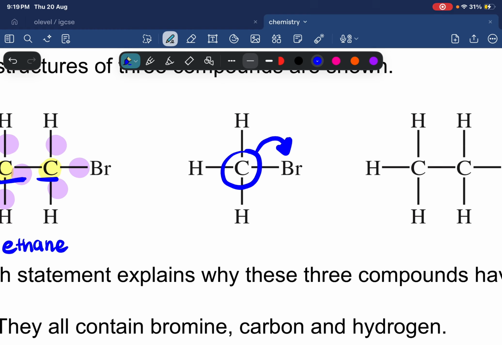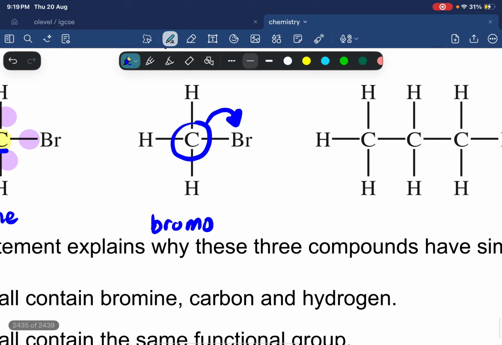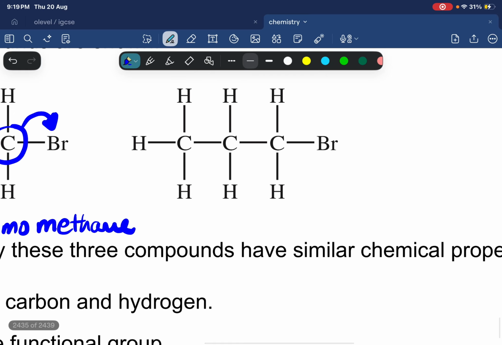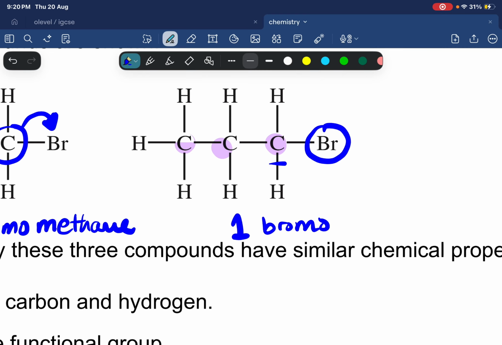Carbon and bromine, so that's going to be bromo. But since we have 1 carbon, that's going to be bromomethane, right? Because 1 carbon is methane. Then we have 1, 2, 3 carbons, and then we have a bromine. So that's 1-bromo, but 1, 2, 3, so that's a propane.